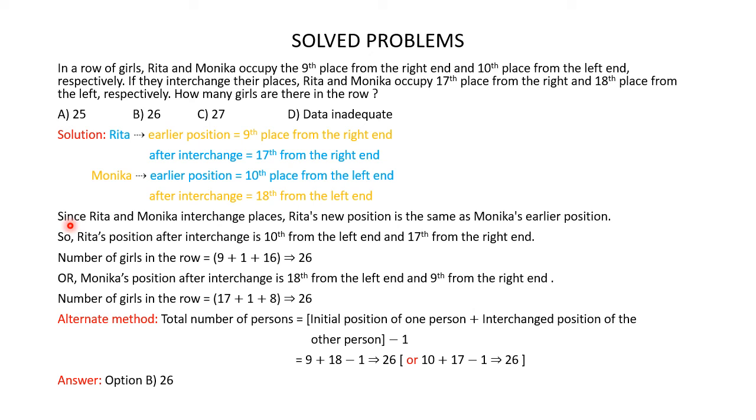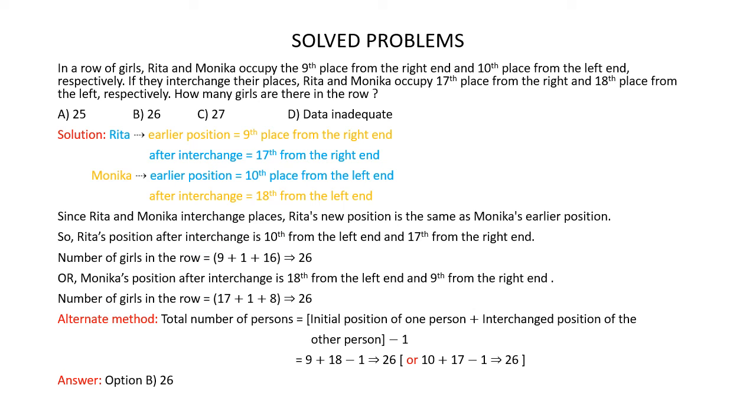Since Rita and Monica interchange places, it means that Rita's new position is the same as Monica's earlier position. Now we know that Monica's earlier position is 10th place from the left end. So Rita's position after interchange is 10th place from the left end.